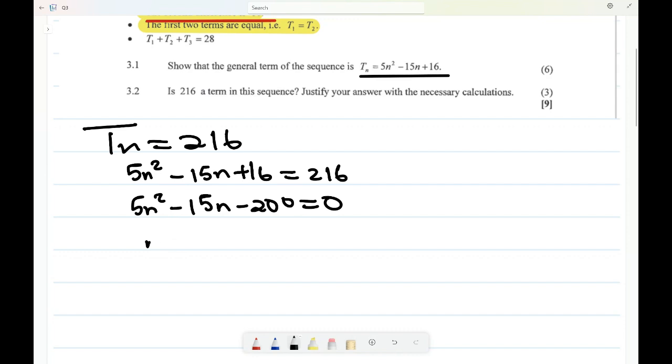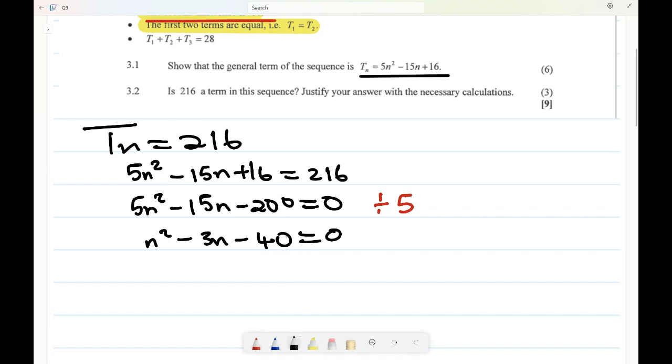Then n squared minus 3n minus 40, where I took a common factor of 5. 200 divided by 5 is 40. It is equal to 0.